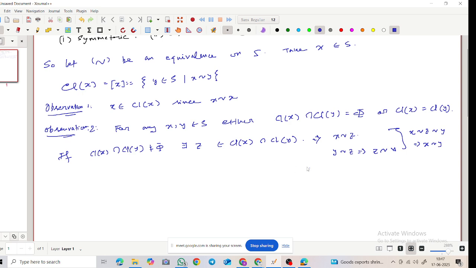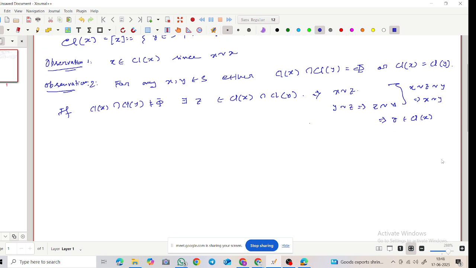So if x is related to y, you get y belongs to class x, and similarly we can show that x belongs to class y. Clear?